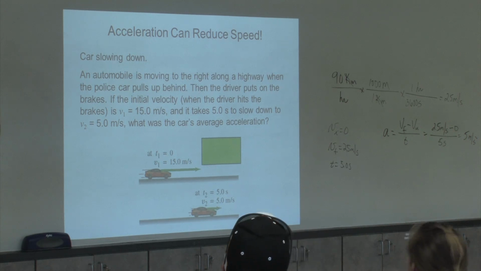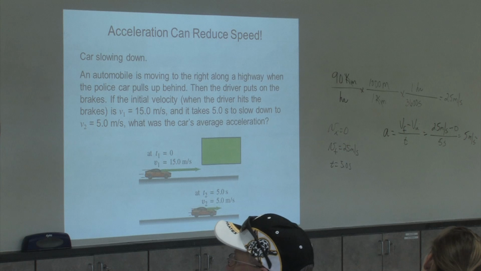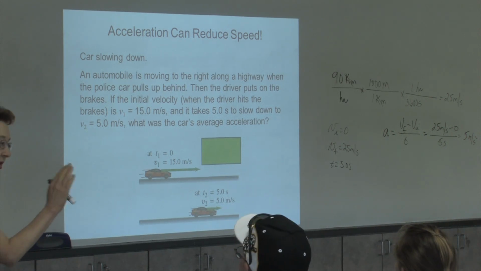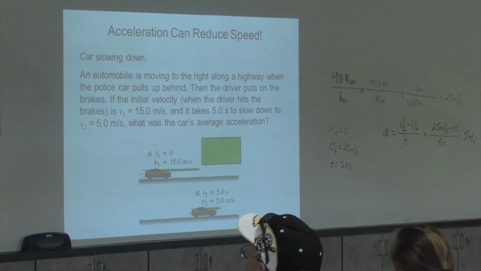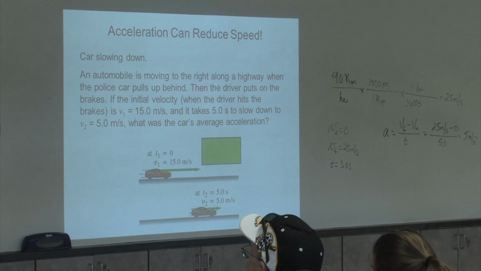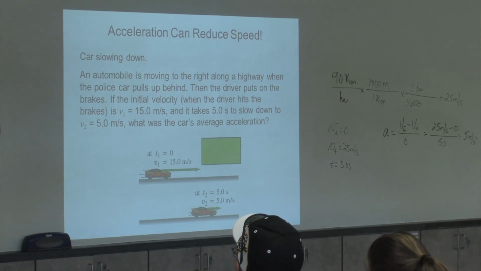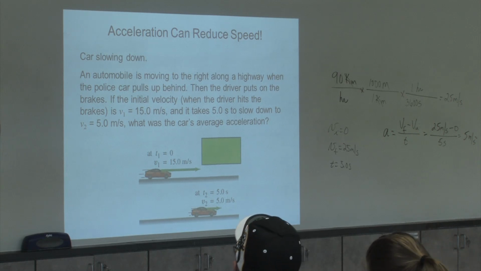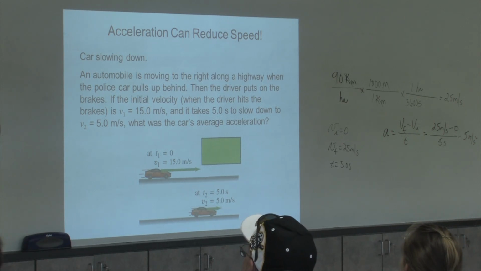The driver puts on the brakes. If the initial velocity, just before he touches the brakes, is 15 meters per second, and it takes 5 seconds to slow to 5 meters per second, what was the car's average acceleration? You don't have any units to convert, but can you tell me what the acceleration is?